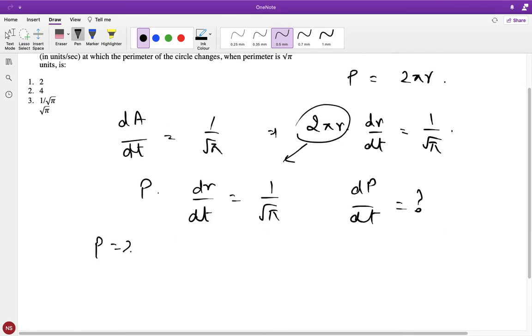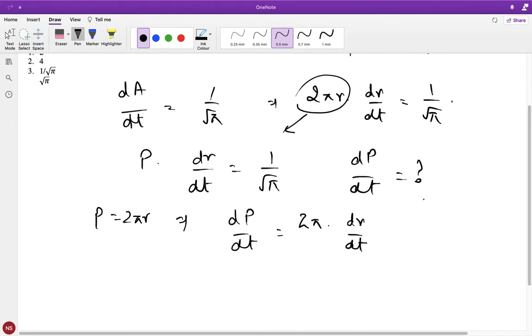P is 2 pi r. This implies that dp by dt is 2 pi into dr by dt. dr by dt is given as 1 by root pi into 1 by 2 pi r.